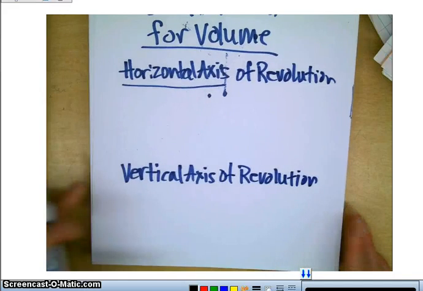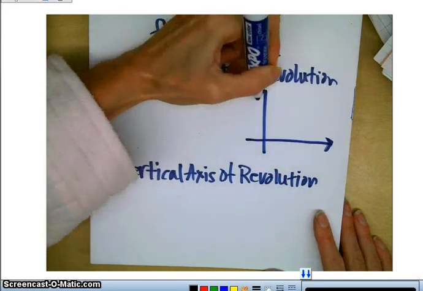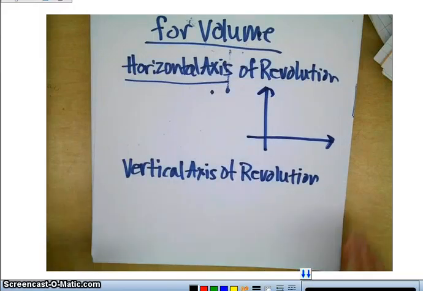Okay, so here's the picture that I want you to draw next to the formulas, because the picture is very important. I'm going to require, just like I did with area between curves, that you sketch the area and you sketch the disk, a little cross section of the disk.